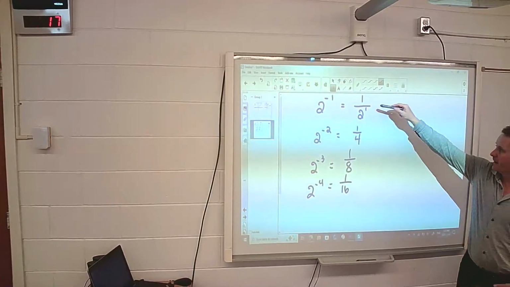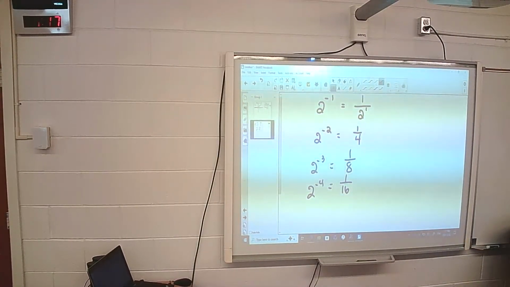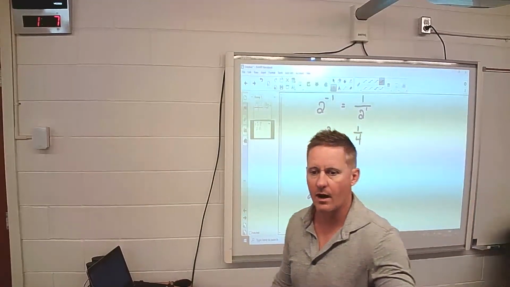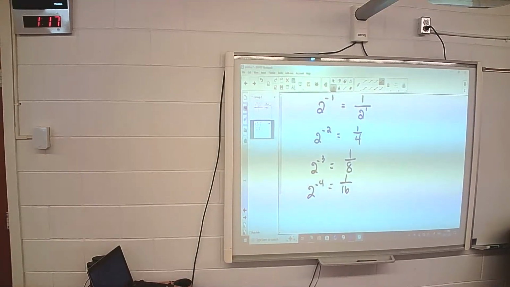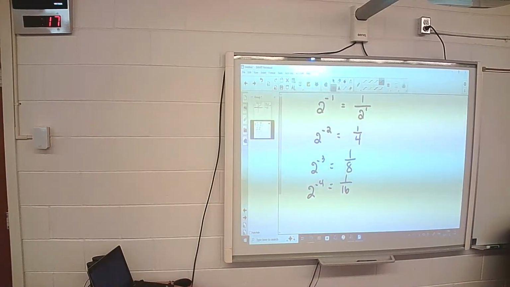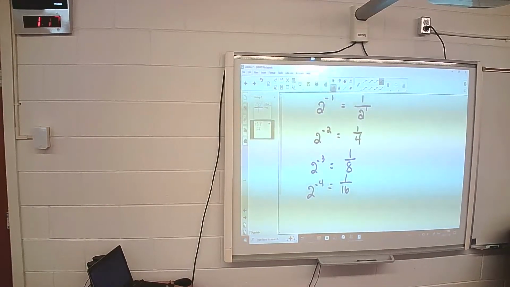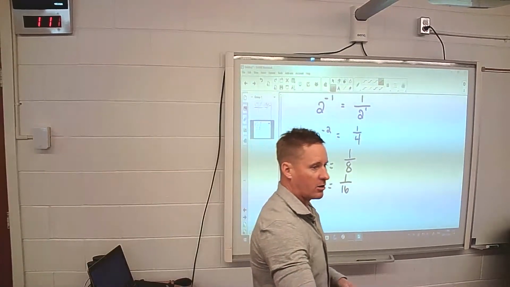So what's happening as my negatives keep going to the left on the x? What's happening to the y value? You said it. Decreasing, getting smaller. So it's getting infinitely smaller, yes? I went from a half to a quarter to an eighth to a 16th to a 32nd to a 64th to 128th. Getting smaller, smaller, smaller, smaller.